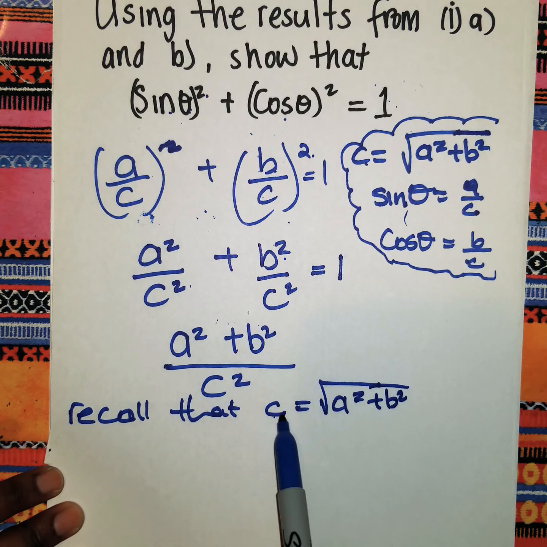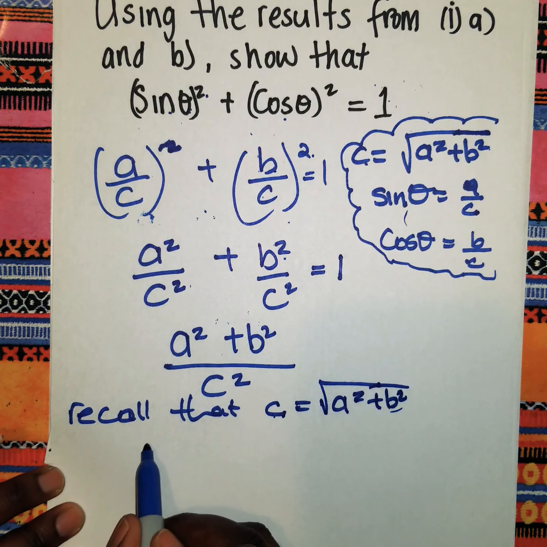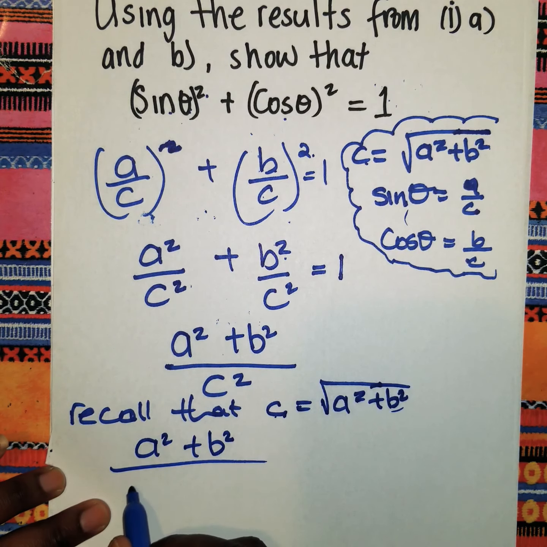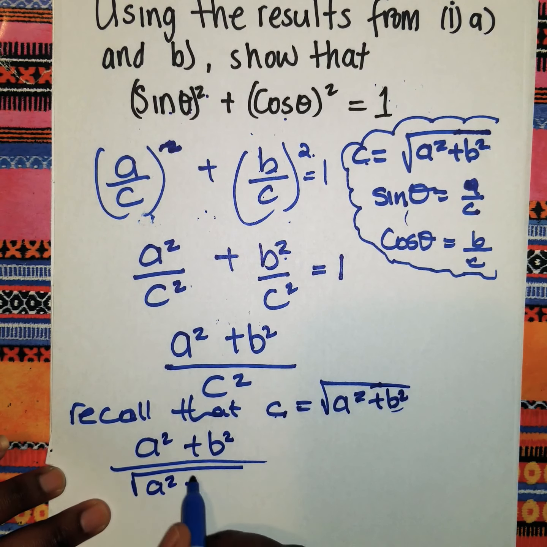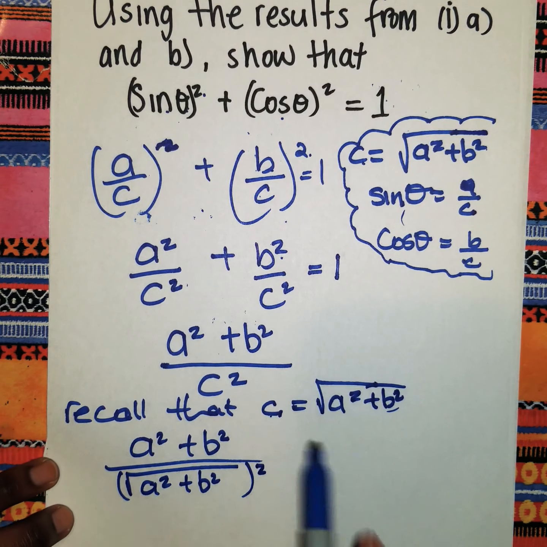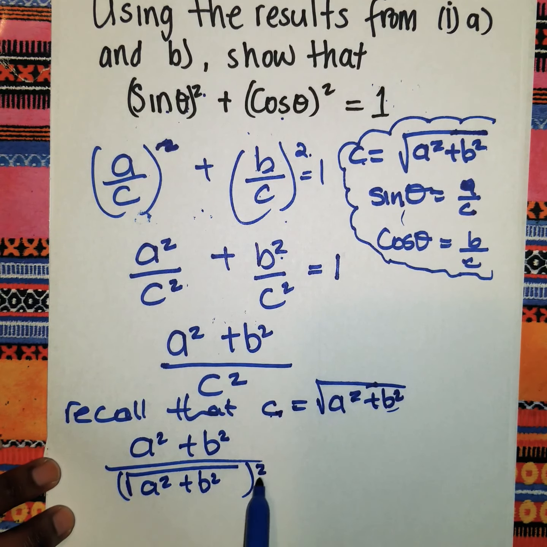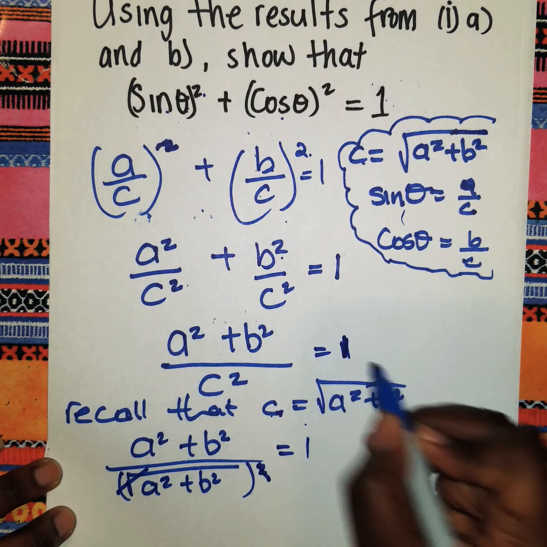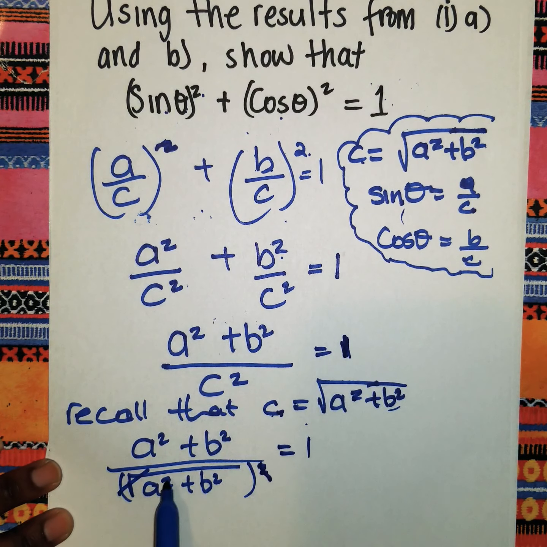That means where I see C, I'm going to put all of that. So A squared plus B squared all over the root of A squared plus B squared, and it's going to be in parentheses to the second power. Why? Because C is squared here, and that's C. So this square cancels the square root. So remember to say it's equal to 1. So right here, guys, we now are going to simplify.